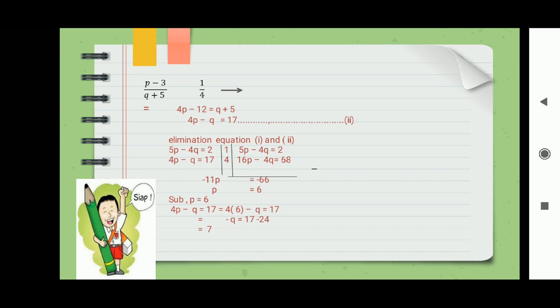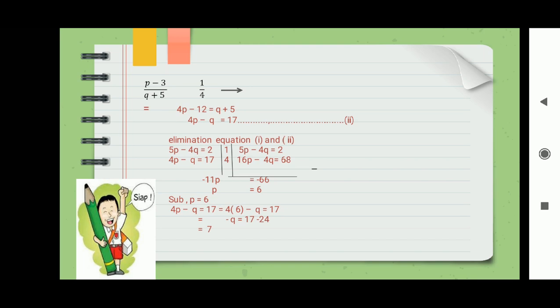Substitution: P is 6. So that 4P minus Q is 17 becomes 4 times 6 minus Q is 17.